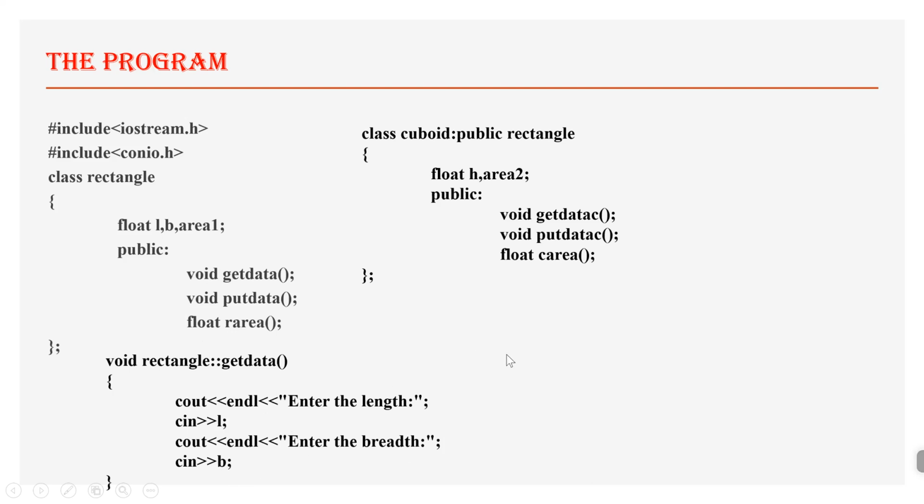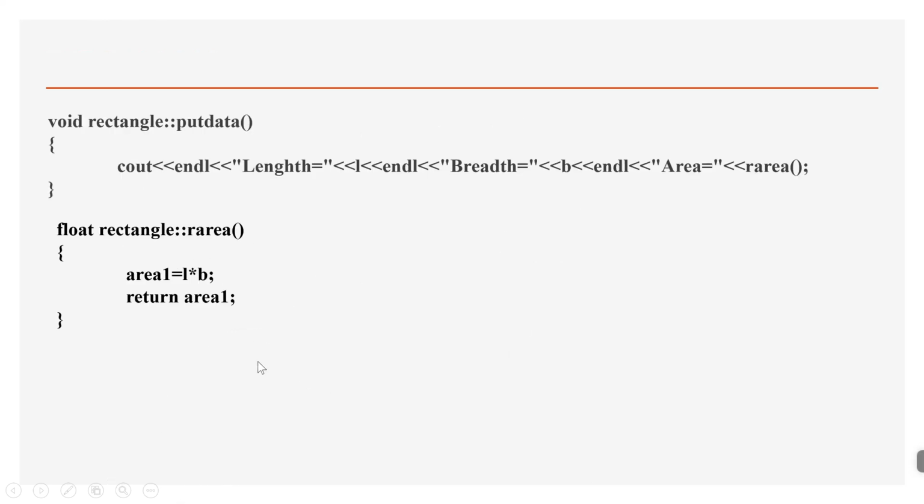So this much is in this slide. I am defining the base class, I am defining the derived class, I am reading the value for the base class. Similarly, I am displaying the value for the base class. Length as L, breadth as B, area as R area.